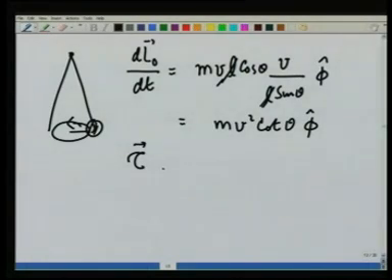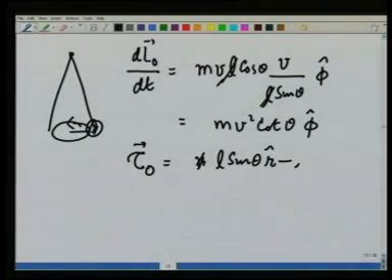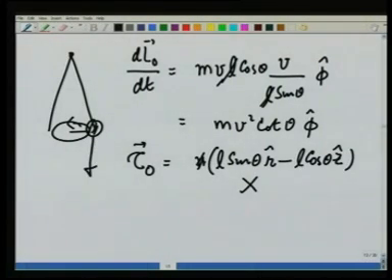Is that equal to the torque? Let us do that. If I calculate the torque about this point, r is nothing but L sine theta r minus L cosine theta z, cross the force. One force is mg and the other force is tension T. Tension T you can see is parallel to r, so it does not contribute to the torque, but nonetheless let us write this.